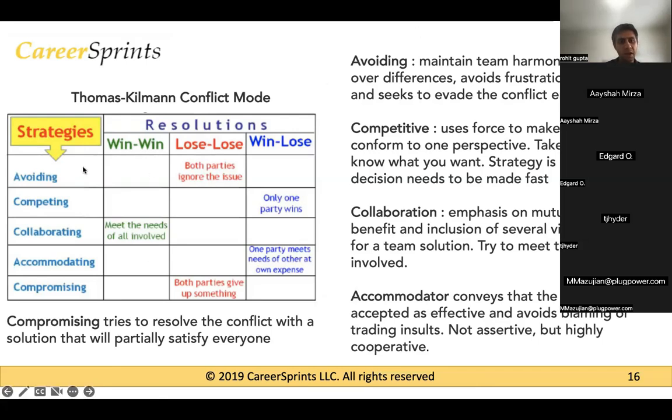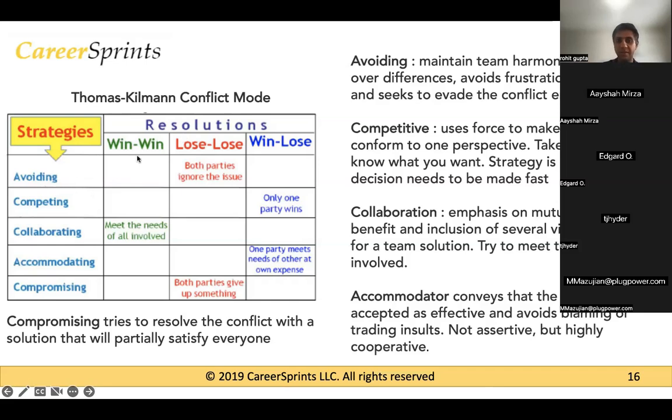Okay, so in this Thomas-Kilmann conflict mode, there are basically 5 strategies. There is avoiding, competing, collaborating, accommodating, and compromising. So let's look at each of them. When you see this table, it also shows you what type of resolution that particular strategy is.